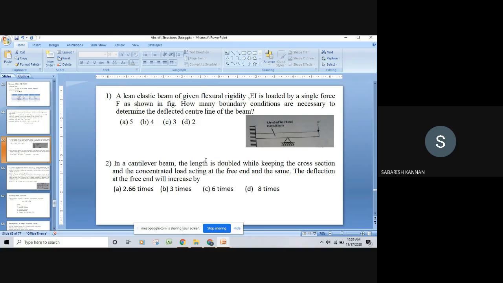We need only 2 boundary conditions to solve it, right? So the answer is option D.